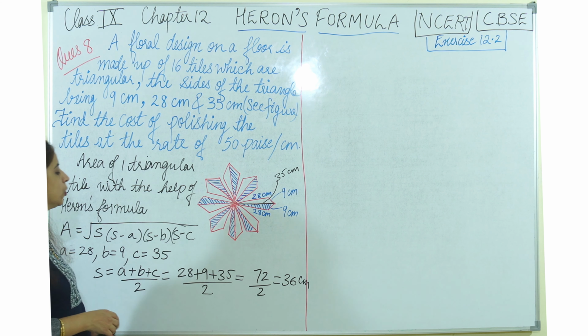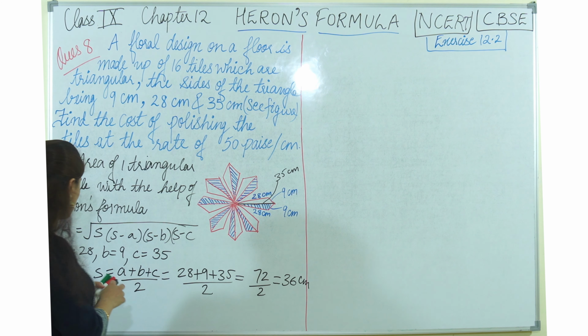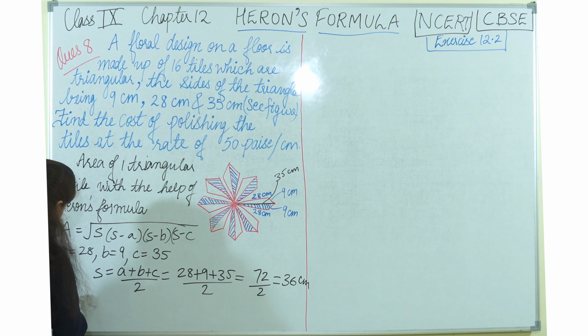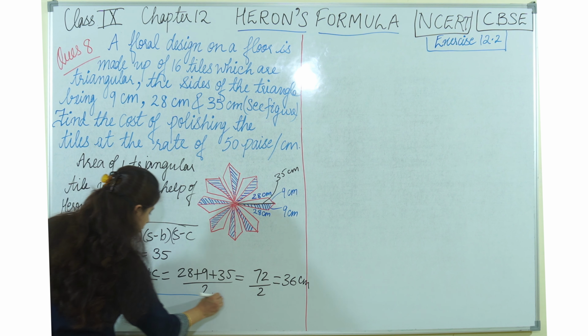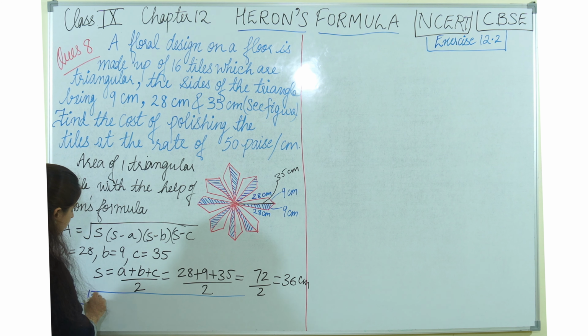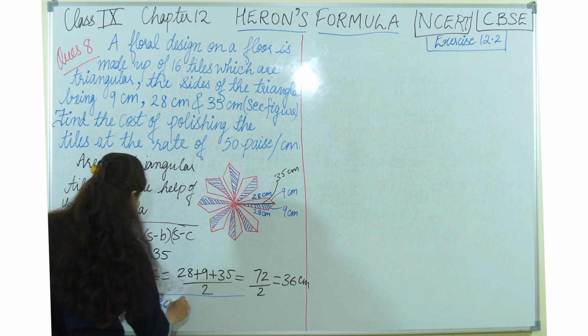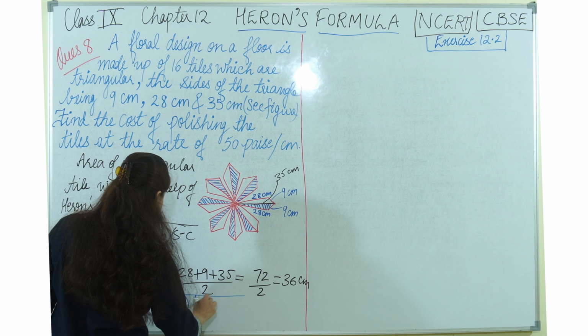Now let us substitute this semi-perimeter in the area formula and find out the area of one triangular tile. Okay, so the area will be equal to under root 36 minus A, which is 28, 36 minus B, which is 9, and 36 minus 35.